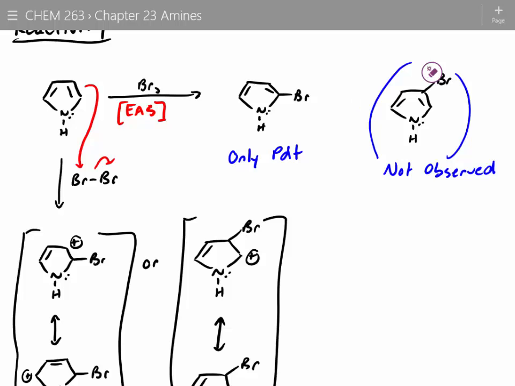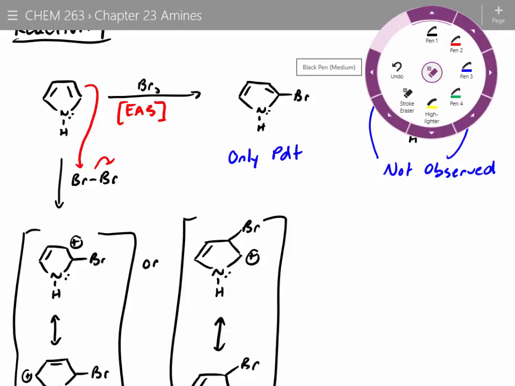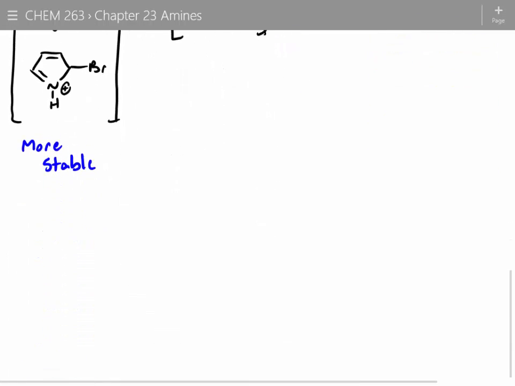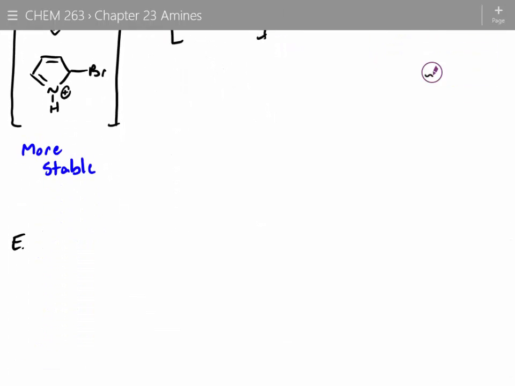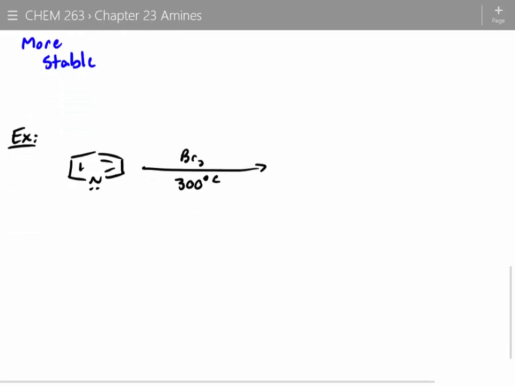All right, we could do the same thing with pyridine. If we want to do this with pyridine, we actually have to crank up the heat really, really hot. But you can brominate pyridine.